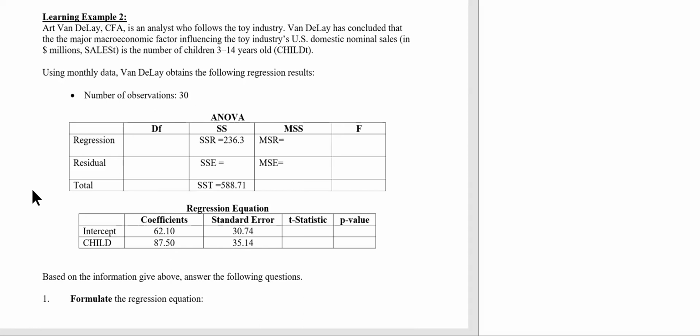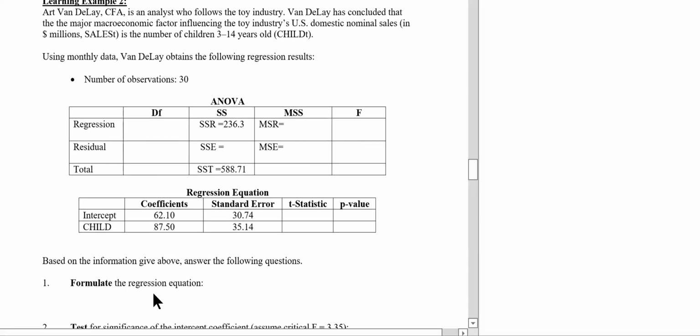Let's put this together. The first thing I want to do is formulate the regression equation. Can we do that? Remember, the regression equation is y equals beta naught plus beta 1 times x, and there's an error term. We can leave off that error term.